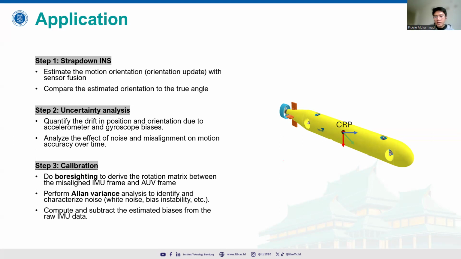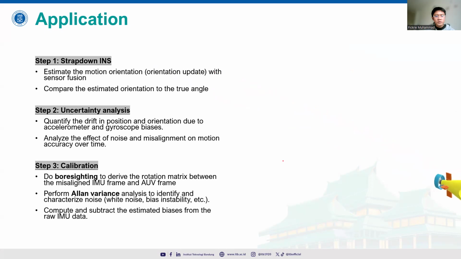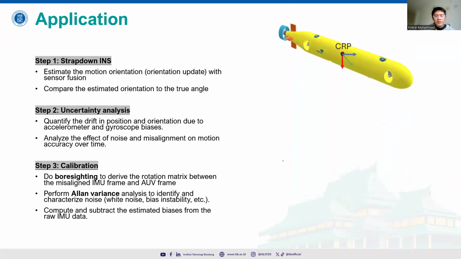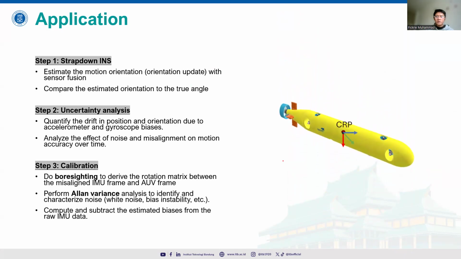First is doing the boresighting, like moving the AUV or the IMU basically towards the three axes, to derive the rotation matrix between the misaligned IMU frame and the vehicle frame. And we record the IMU when it stands still.